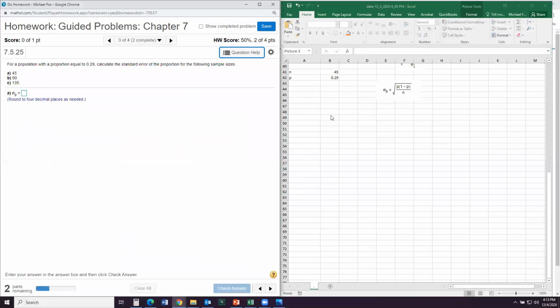So now, all I've got to do to calculate standard error of the proportion is use the formula, which is equal to the square root of p times 1 minus p divided by n.